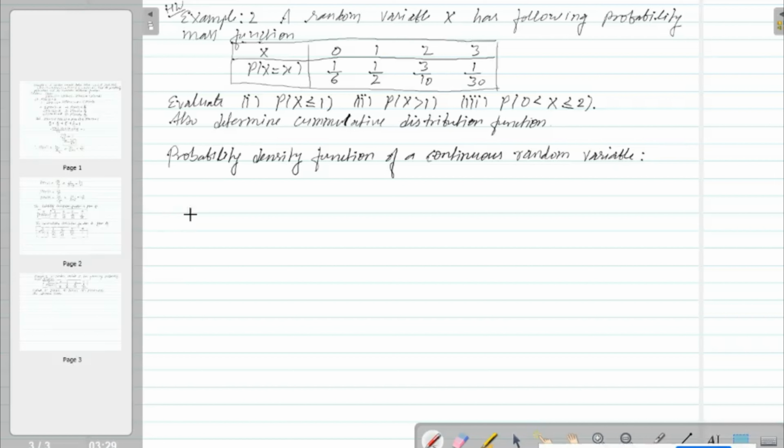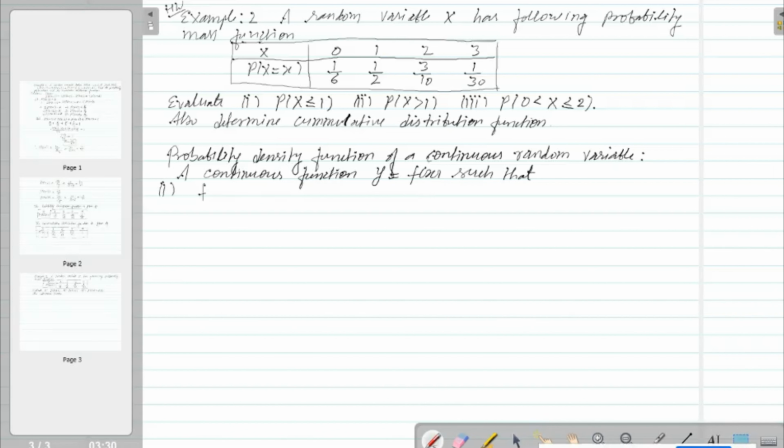A continuous function y equal to f of x, such that the following conditions hold.